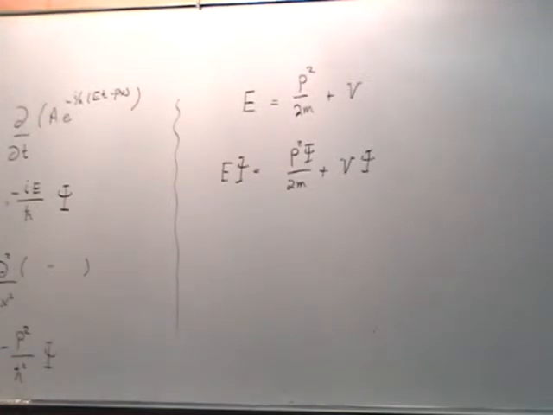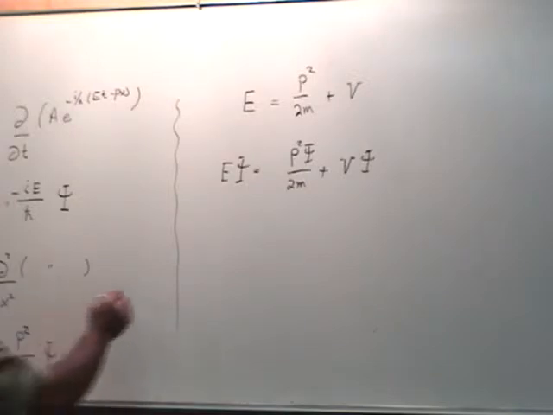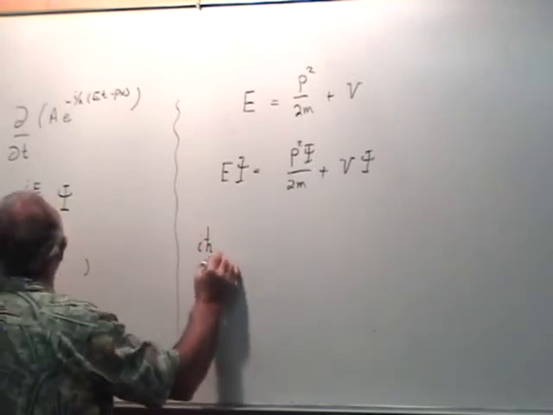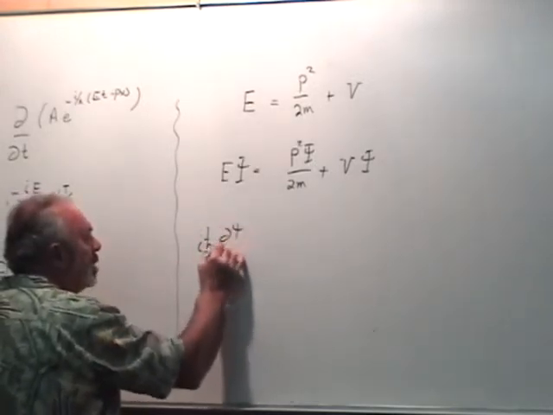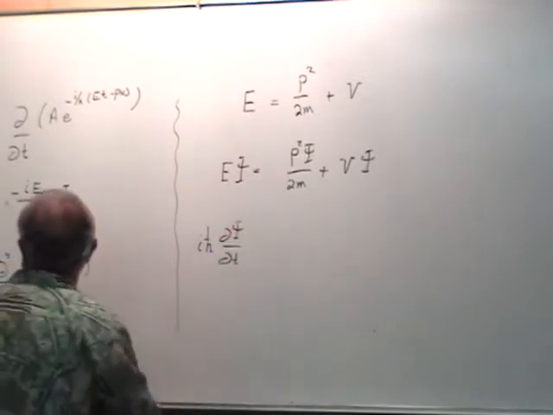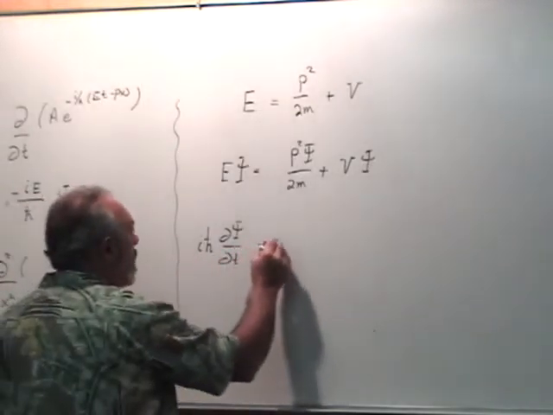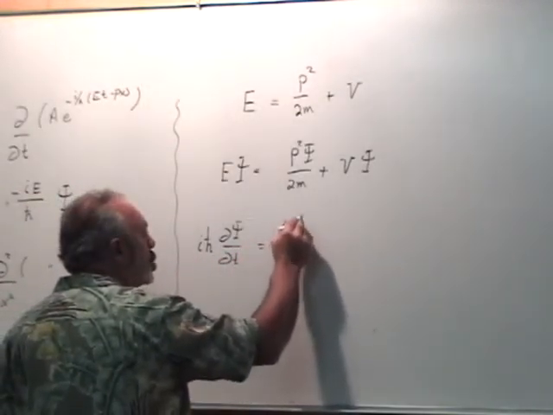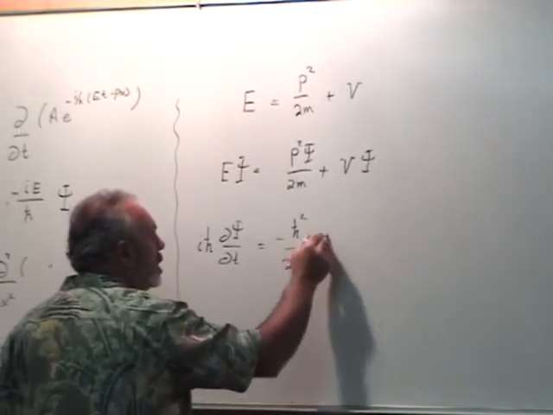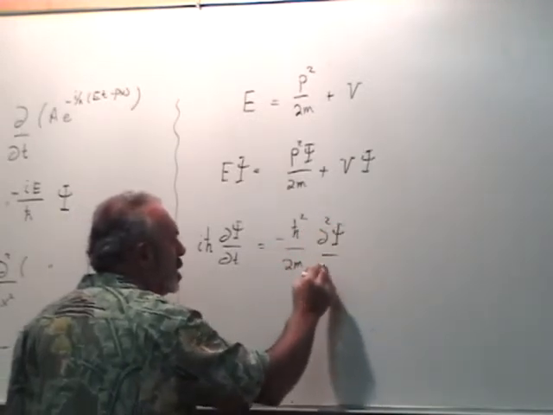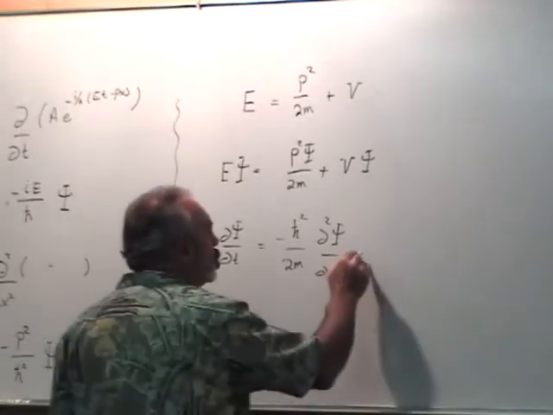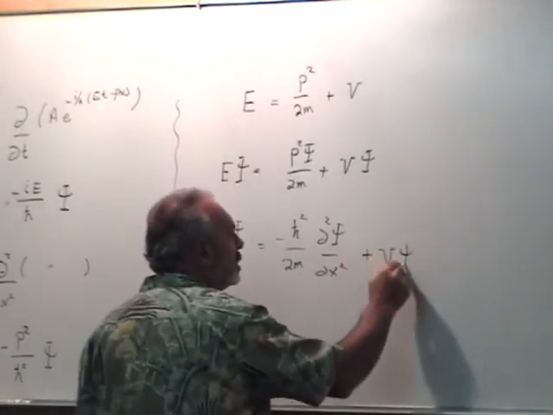And it's really pretty easy to write down that Eψ is going to be i h bar dψ/dt. And then for the p squared, just move the negative sign and the h bar upstairs, so we get equals minus h bar squared over twice m d²ψ/dx². And what about the potential? We don't know yet. Vψ.